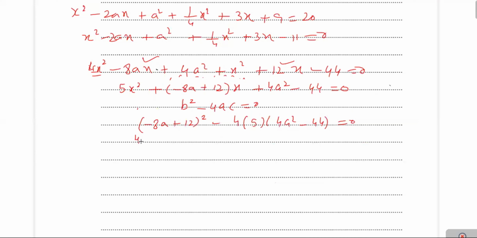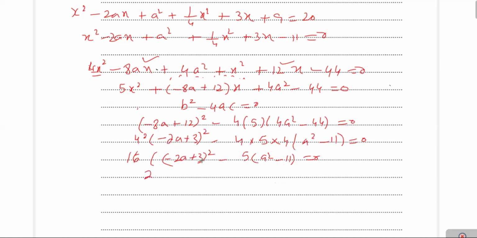We take 4 common, we get minus 2a plus 3 whole square minus 4 into 5 and 4 is taken as a common, a square minus 11, and 16 is common, we get minus 2a plus 3 whole square minus 5 into a square minus 11 equal to 0.